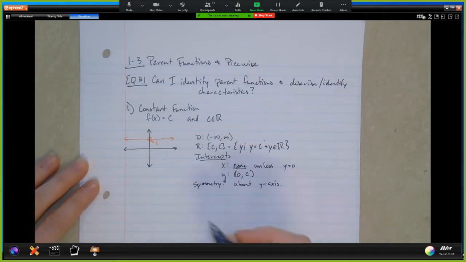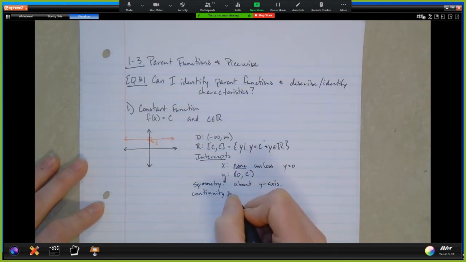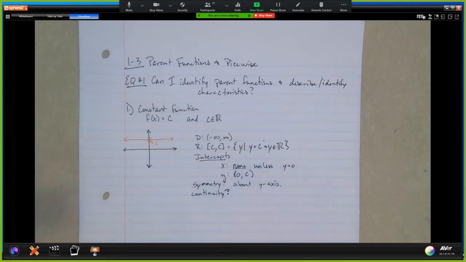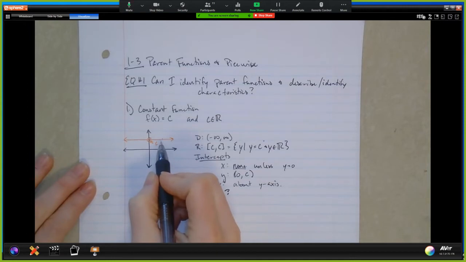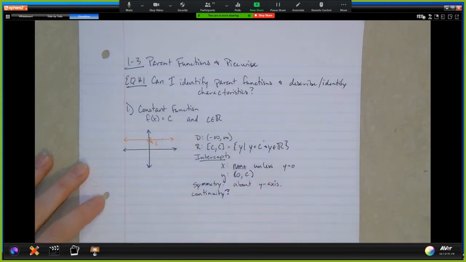Okay. And then continuity. So continuity is a question. Is it continuous? For us right now, the idea of continuous is if we were able to start at any point on the graph and continue drawing the whole graph without picking up our pencil.